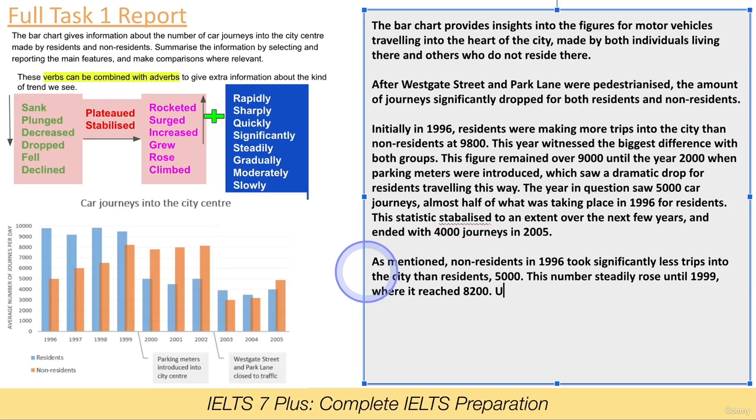Unlike residents, now comparing, the trips were not affected so much by parking meters. And almost plateaued.